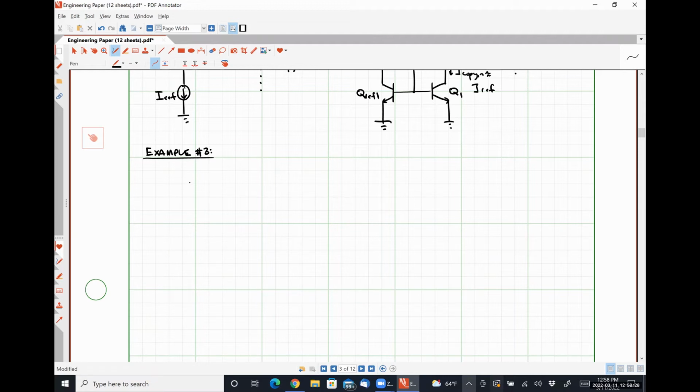So let's keep things easy breezy here and give everything the same area. So this one will have an area of AE.